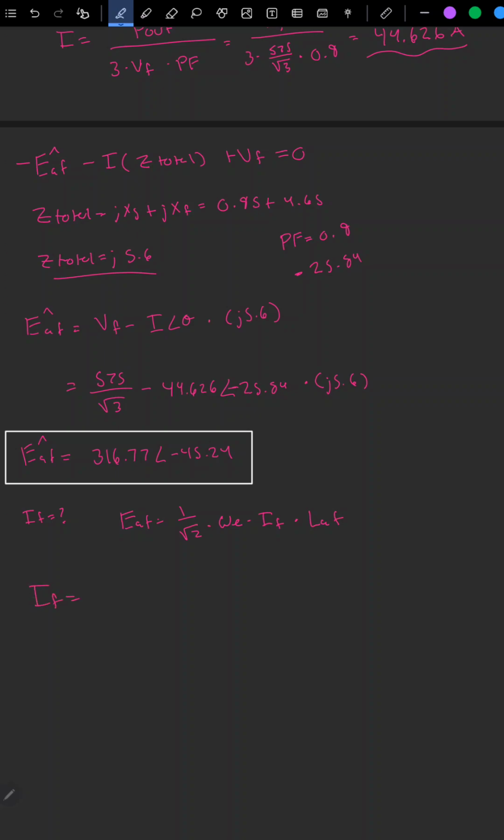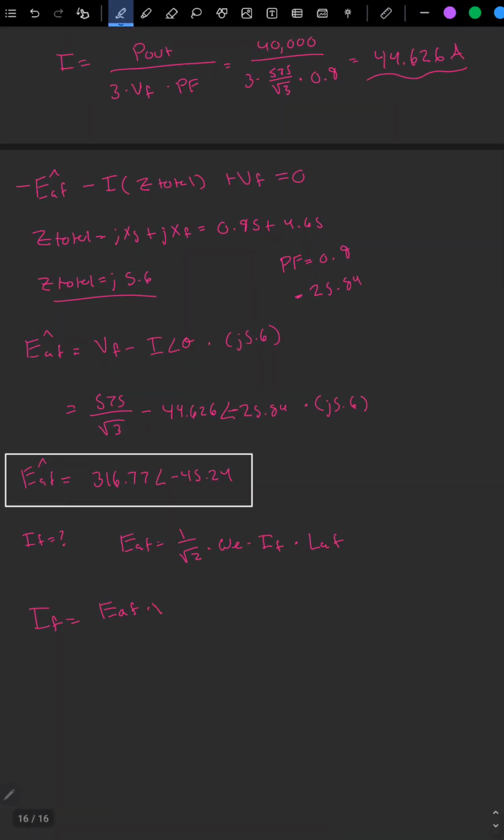Rearranging, since we know we have the same things as last time: $316.77 times the square root of 2 over 2 pi times 60 times 105 times 10 to the negative third.